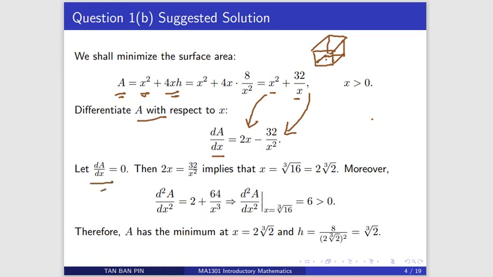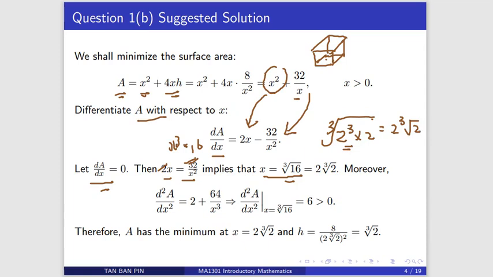If you set dA/dx to 0, of course the x value will be different, because here it is x squared instead of 2x squared. So it will be 2x equal to 32 over x squared. You can cancel to give you 16, so x cubed is 16. So x is the cube root of 16. 16 is 2 cubed times 2, so if you take the cube root, it gives you a 2 for this term, and then the cube root of 2.